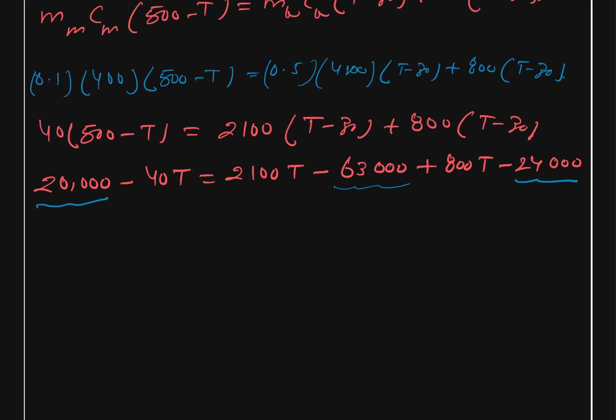We get this is equal to 67,000, and we get 800 minus 40, which will be 760 T. So from here we get T is equal to 67,000 divided by 760, which is 88.15.